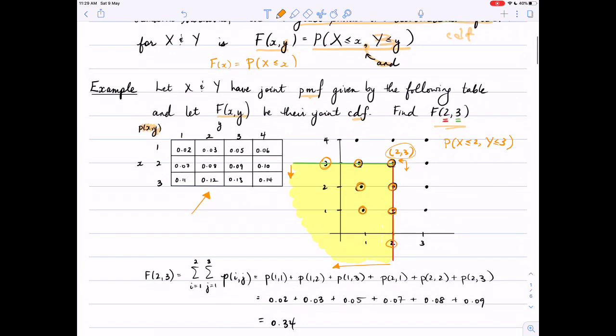And so here, if we're looking to find these points, well, we can just add them all up in the table. And since the points all start at 1 and go up to 3 in the case of x and 4 in the case of y, I can express this as a nice sum.